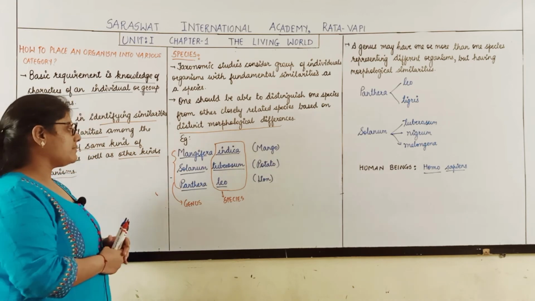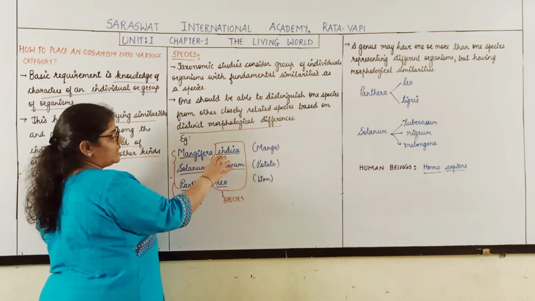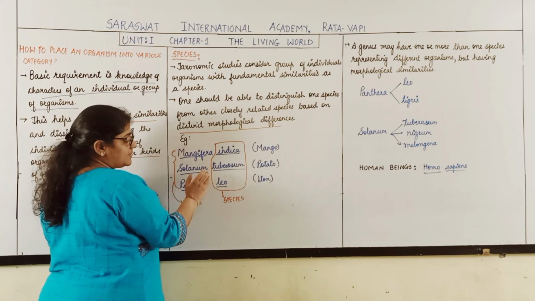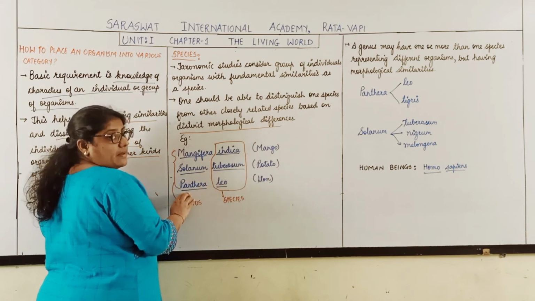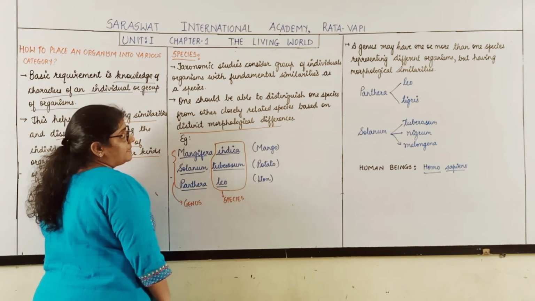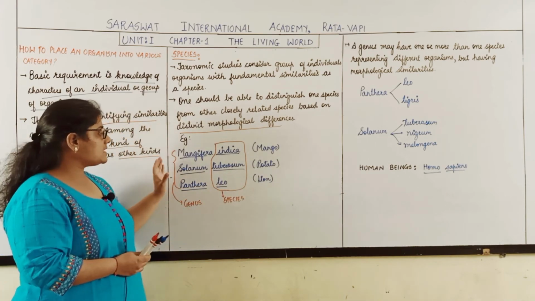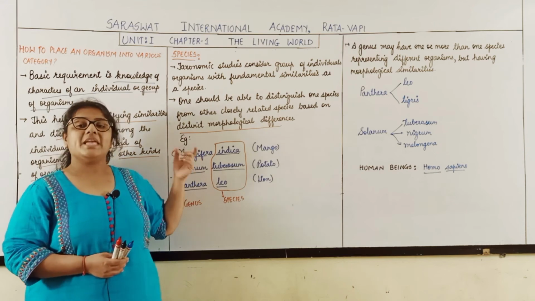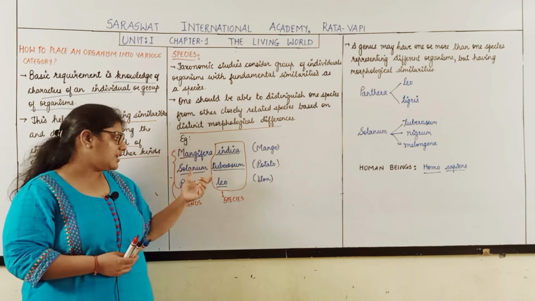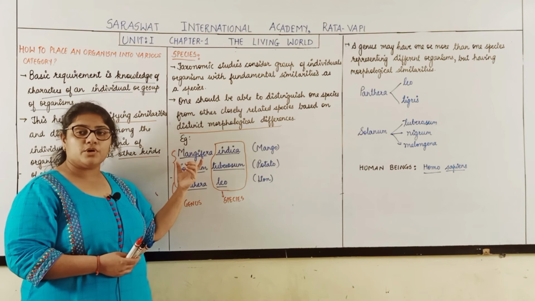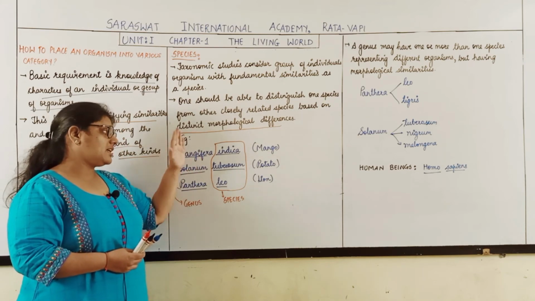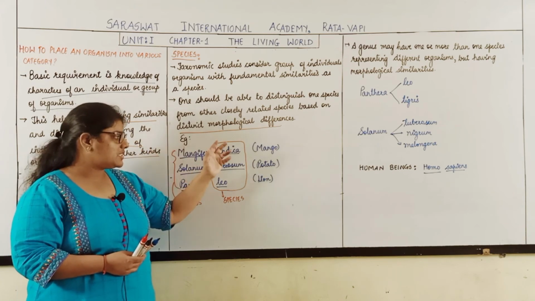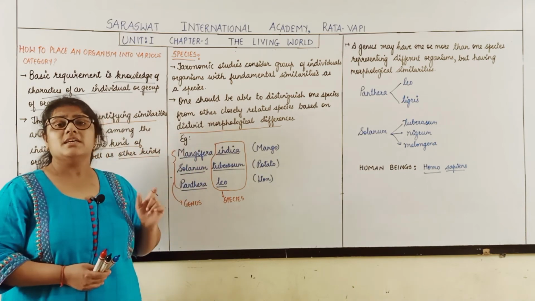Now we will study some examples. Mangifera indica, the common name is mango. Solanum tuberosum, the common name is potato. Panthera leo, the common name is lion. Being scientific names, listen very carefully. I have underlined both the words separately. The name of the genus begins with a capital letter. The name of the species begins with a small letter.